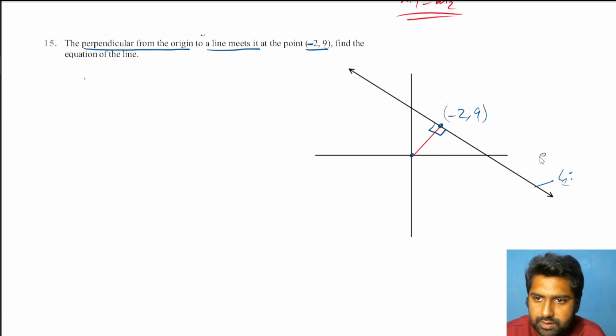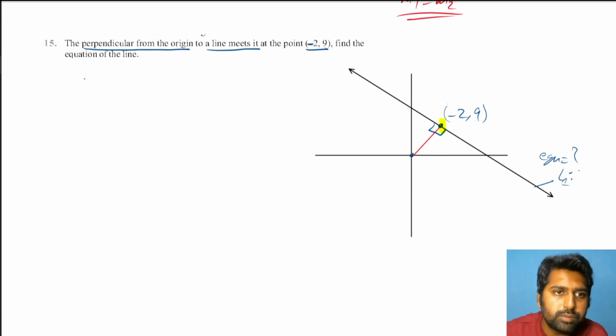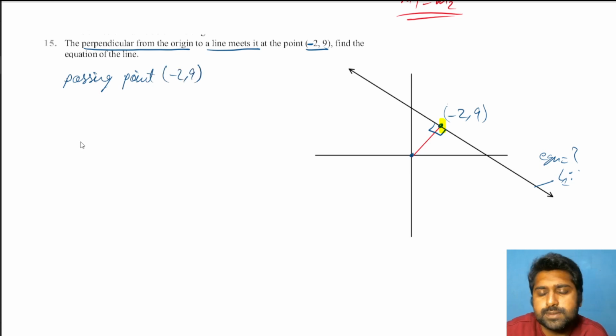Equation we need to find. Now the good thing, the moment you see this minus 2 comma 9, it is on the line itself, so we know passing point. Passing point is minus 2 comma 9. What else? We need slope.